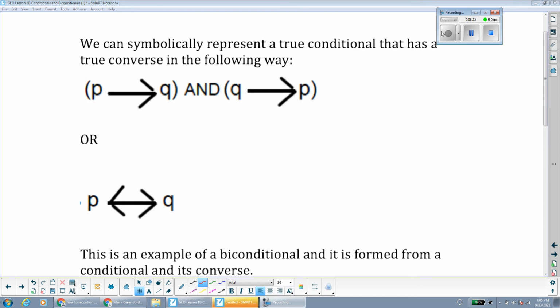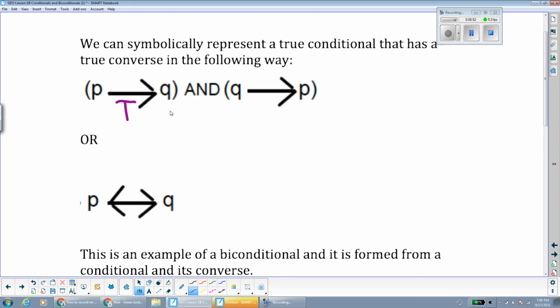Sometimes, in certain specific situations, you can have a conditional statement that actually has a true converse. When this happens, we can symbolically represent a true conditional and its true converse in the following way. If P then Q, that would be the original conditional being true. I'll write here P for true.